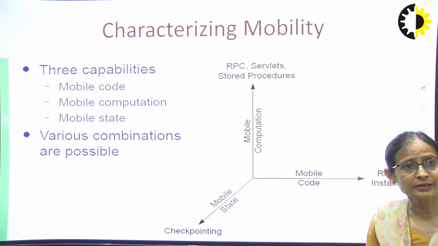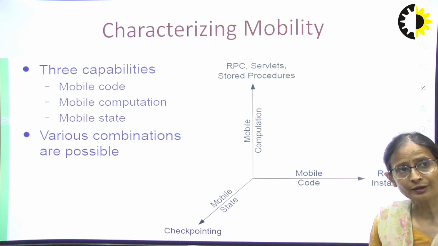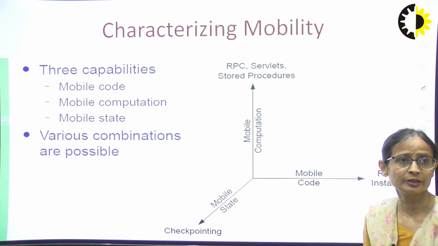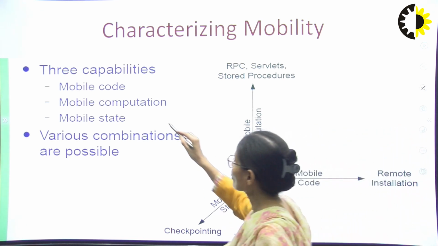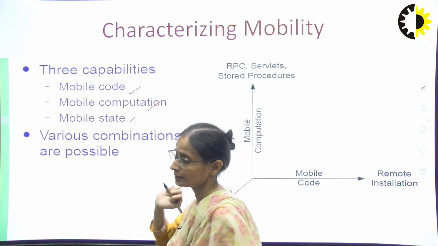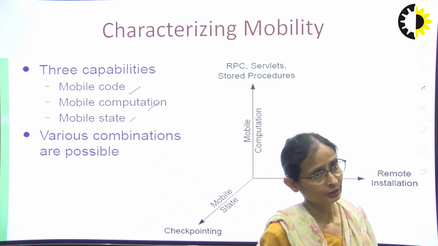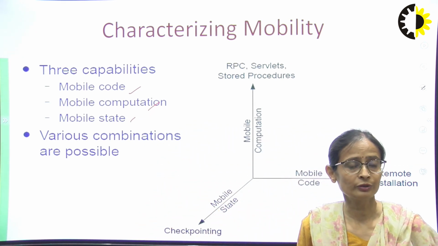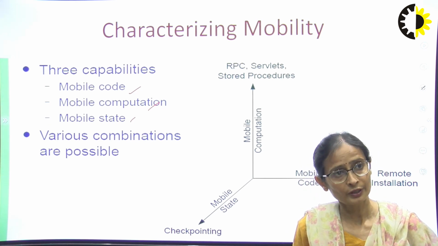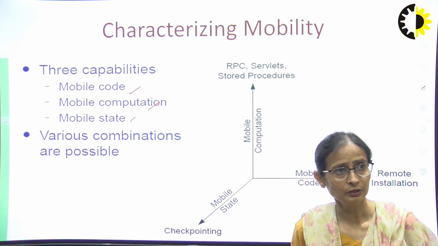How do we characterize the mobility? We have seen three capabilities of a mobile agent: code, computation, and state. So when we say mobility, we need mobility with respect to code, computation, and state, and various combinations are possible.